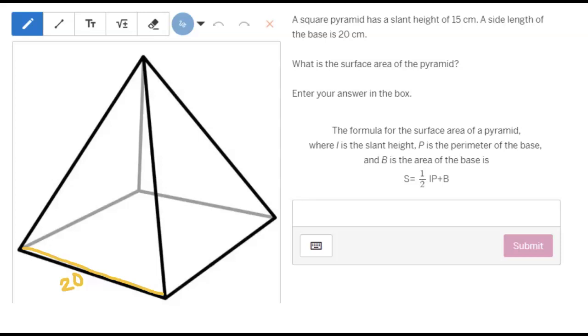So I'm going to say 20 times 4. So that's going to give me 80. And this is going to be the perimeter. So this is my capital P.